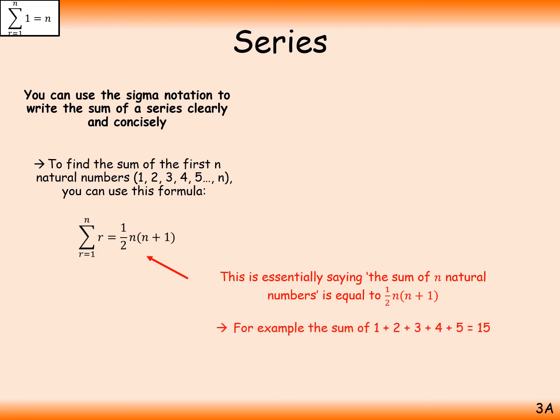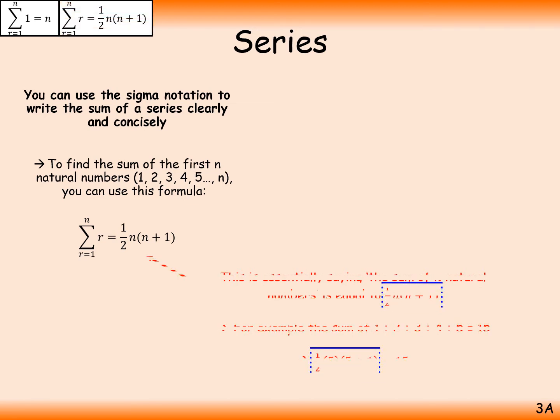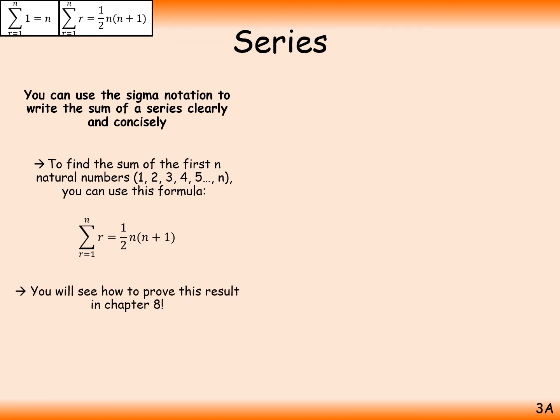So for example, the sum of 1 plus 2 plus 3 plus 4 plus 5 is 15, as we could simply do half times 5 bracket 5 plus 1, which equals 15. We'll see how to prove this later on in the chapter.